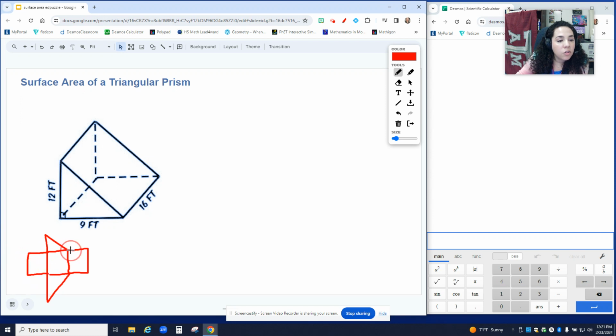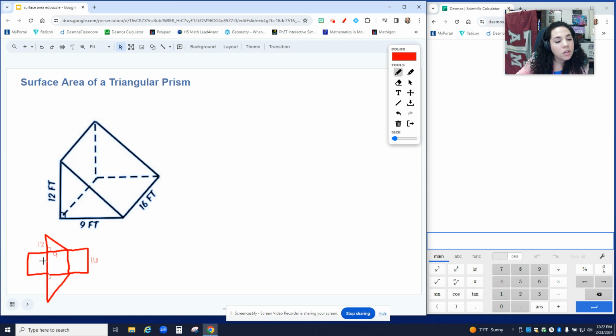And then you would have to imagine the different numbers and where they would go to represent the different side lengths. So for example, this would be 12, and we have 9, and then we have 16 would be this side over here. And then we would think about, well, what about this side that represents the hypotenuse?